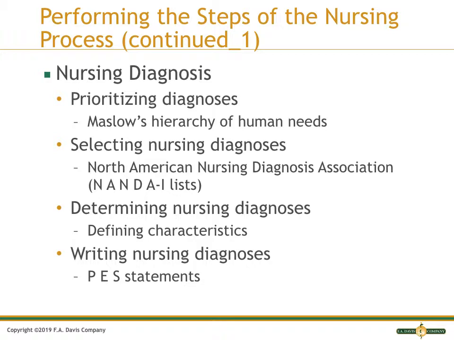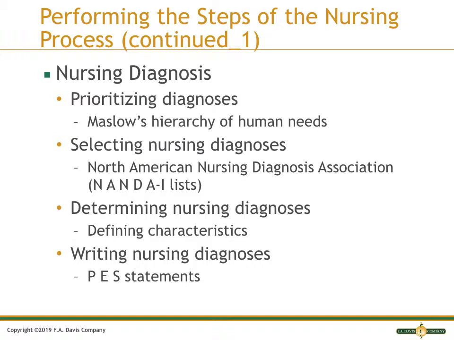So their nursing diagnosis might be ineffective airway clearance related to wheezing or tightening of airways as evidenced by shortness of breath and cyanotic lips. So that would be a better way to say it as opposed to how I said it before. Because the as evidenced by is going to be the signs and symptoms, basically, which it says right in the statement.